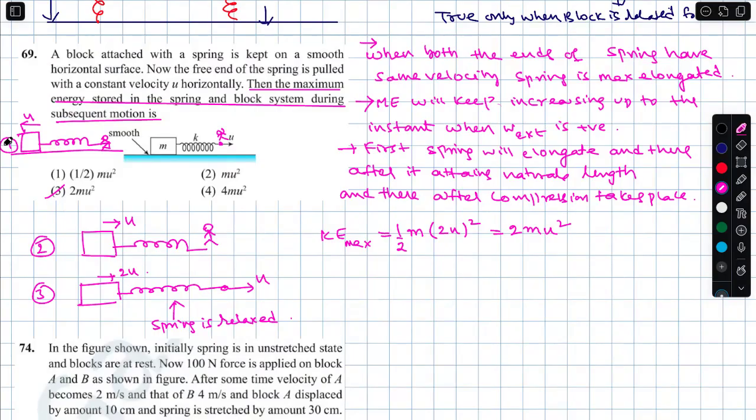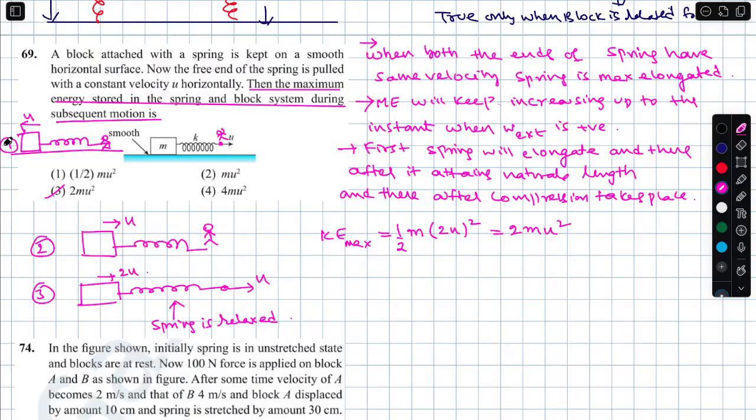And thereafter, what happens? The spring keeps compressing. Now, what is the total energy associated with you? The mechanical energy associated with you is 2mu squared. Now, if the entire energy is stored in the spring, that is the maximum energy stored in the spring and block system during the subsequent motion.